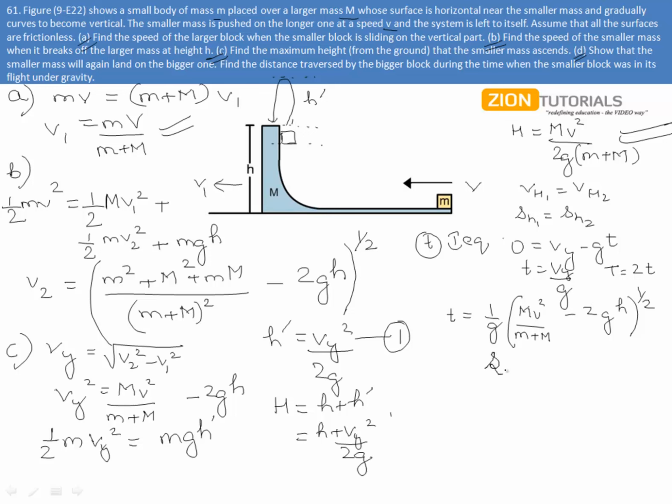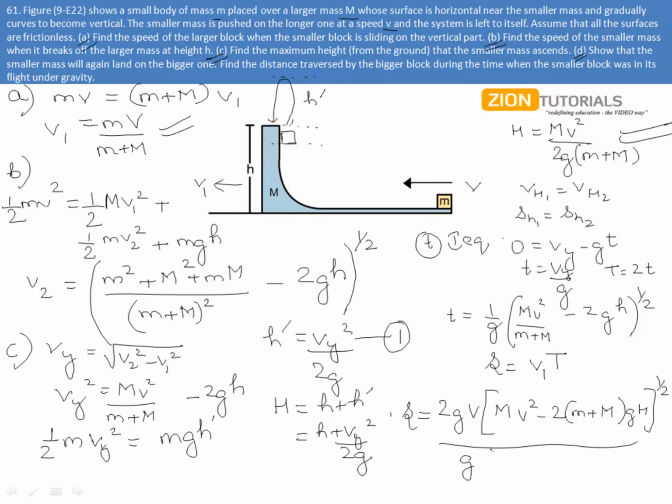So the horizontal distance will be simply the velocity into time, that is capital T, and the velocity will be the horizontal one, so it's v1 into T. That gives me the distance to be actually 2 m v times the square root of (M v square minus 2 (M plus m) g h) upon g times (M plus m) whole to the power 3 by 2.